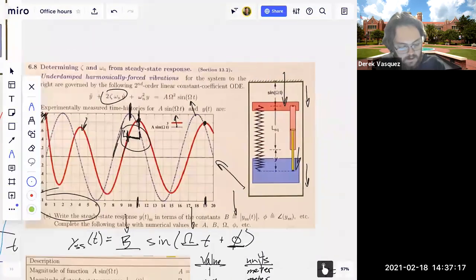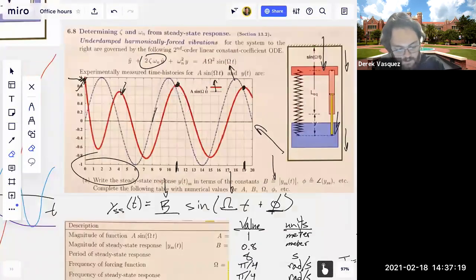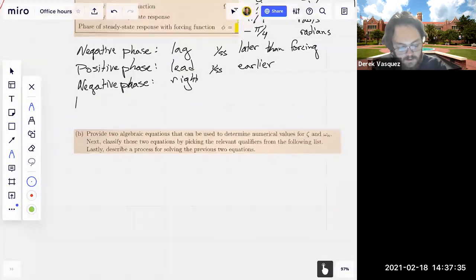And you can see that, I'm going to go ahead and erase some of my marks here. You can see that this peak shifted to the right is where this peak would be. And then positive phase is shifted to the left.